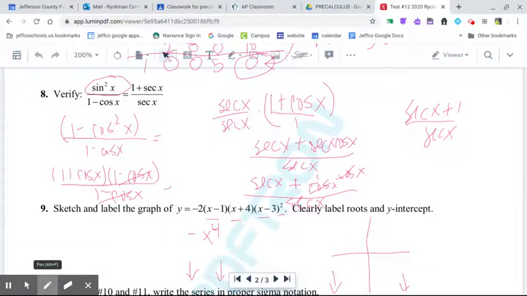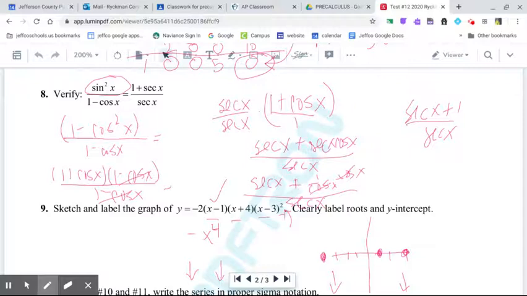Now let's go to the zeros. I had a 0 at x equal 1. If x equals 1, y would be 0. If x equals negative 4, y would be 0. And if x equals 3, y would be 0. And then the last thing is there's that square.